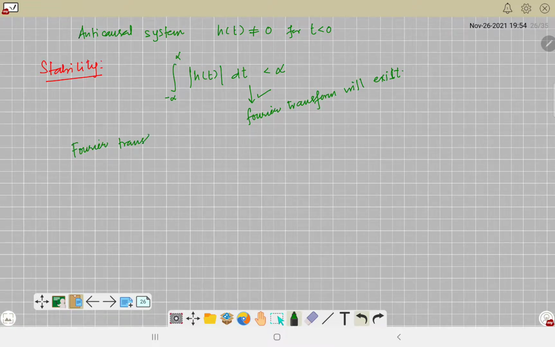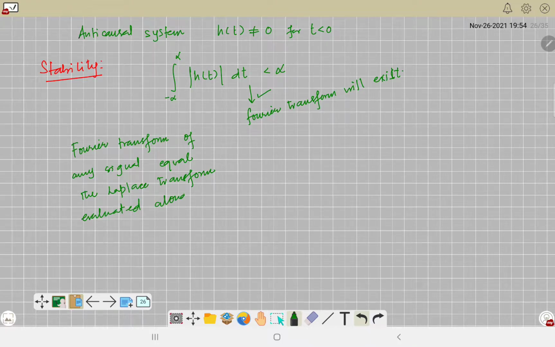Right? Now we have already established a relationship between the Fourier transform and the Laplace transform, and we have seen that the Fourier transform of any signal is actually the Laplace transform evaluated along the j omega axis. Right?